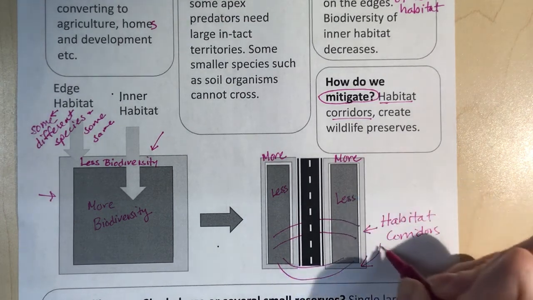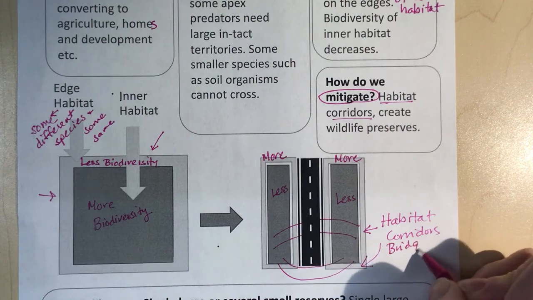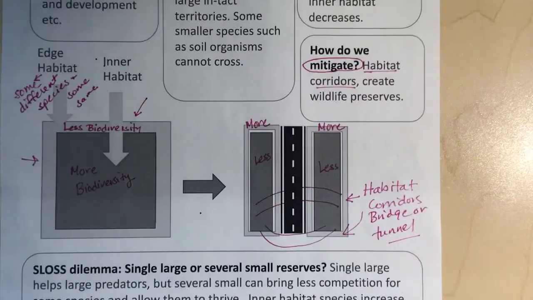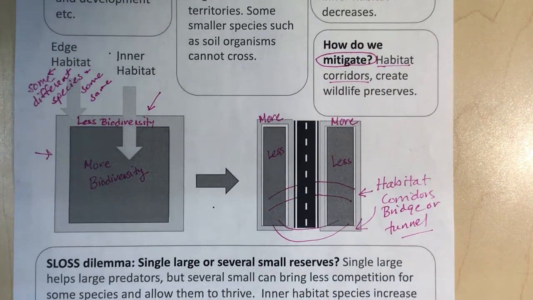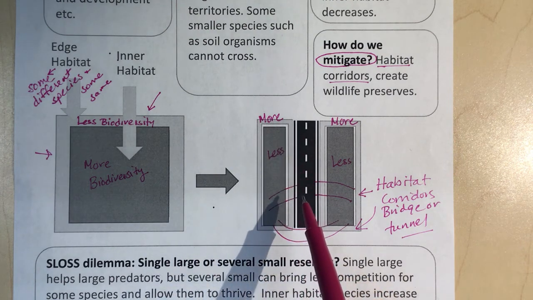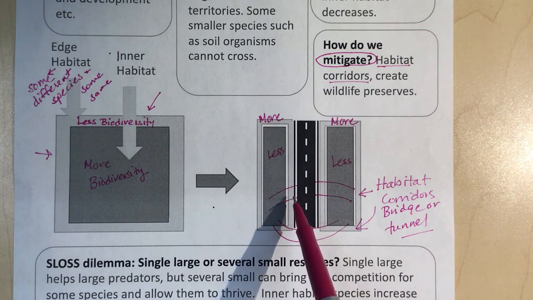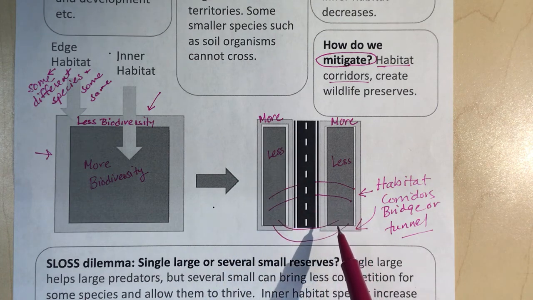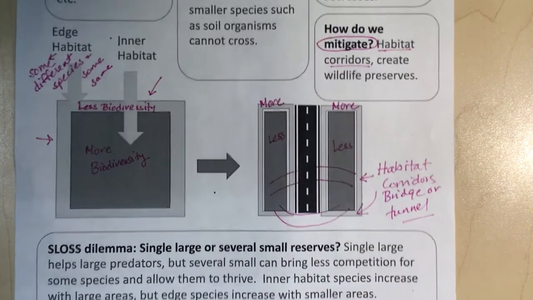So it can be a bridge or a tunnel that is built so species actually do use it. They find that species roam up and down a road trying to figure out the best place to cross because they know it's dangerous. And so oftentimes they'll come across a bridge to go over or a tunnel to go under. And so these corridors that we build for species really do work.